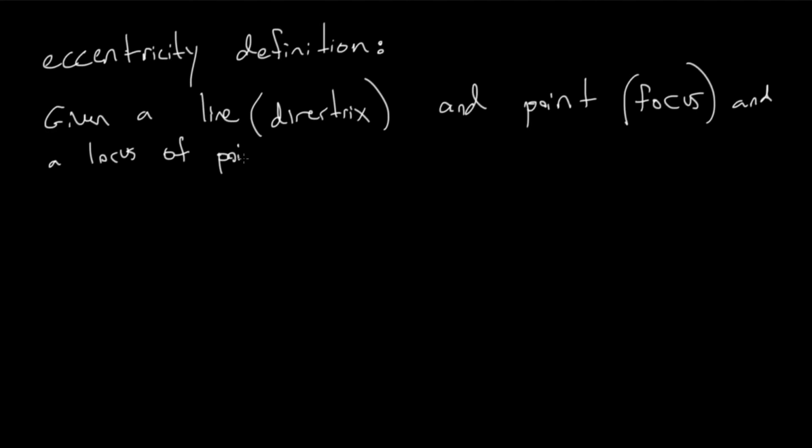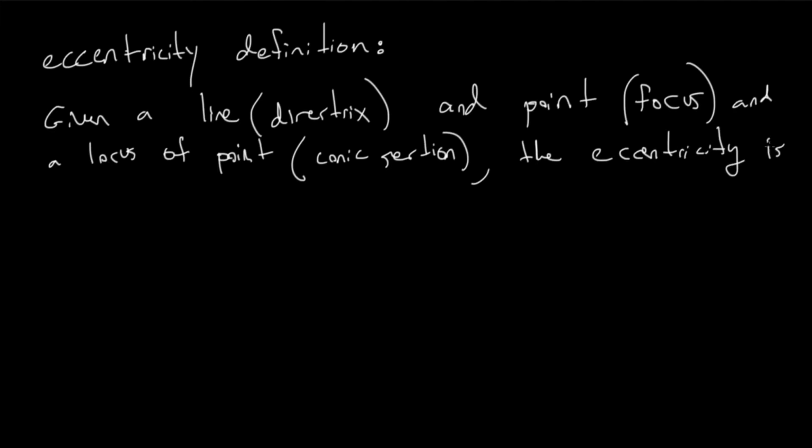These points make up the conic section. All right, those are our givens. The eccentricity is the ratio of the distance from the conic to the focus to the distance from the conic to the directrix.